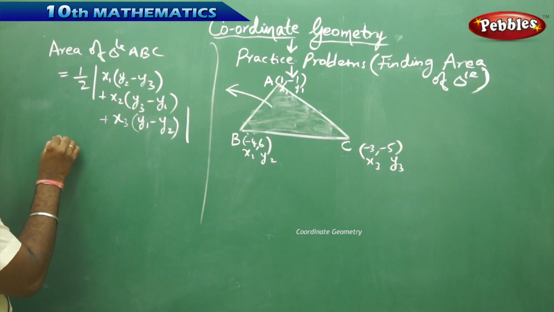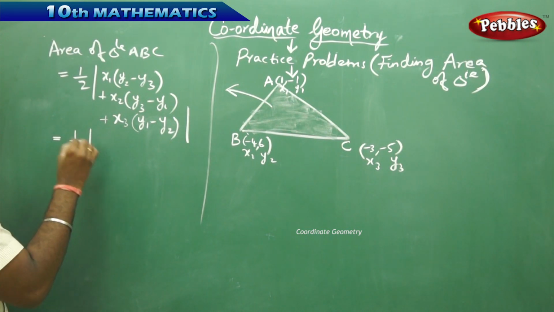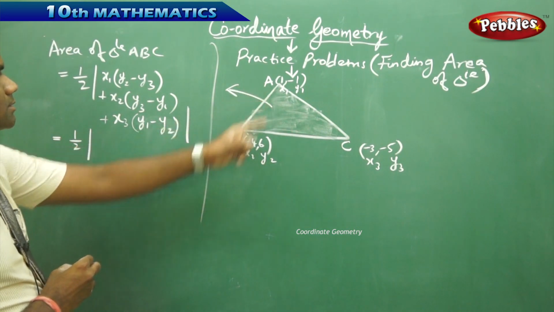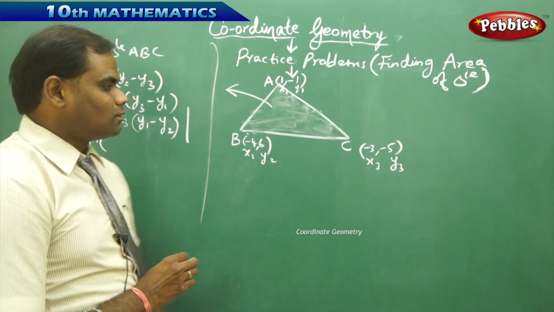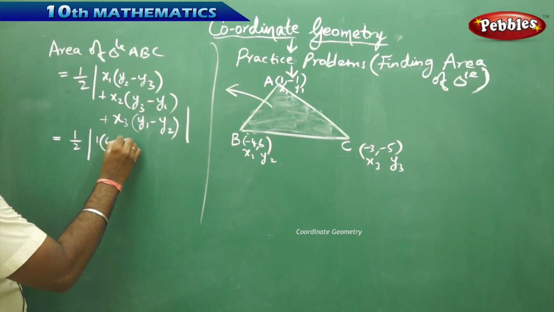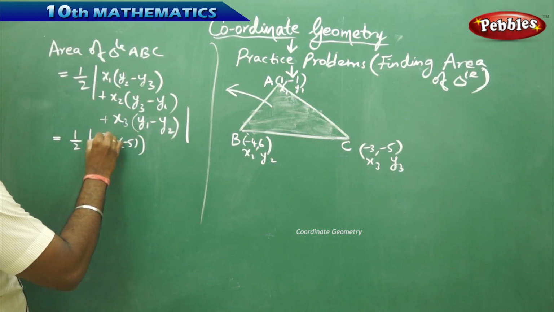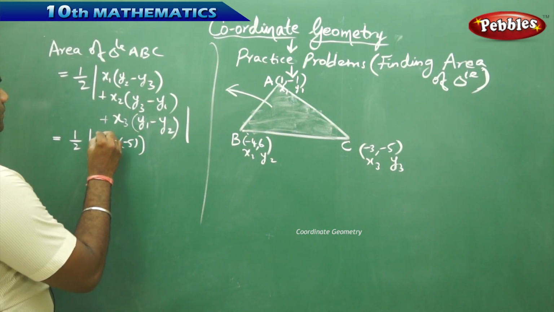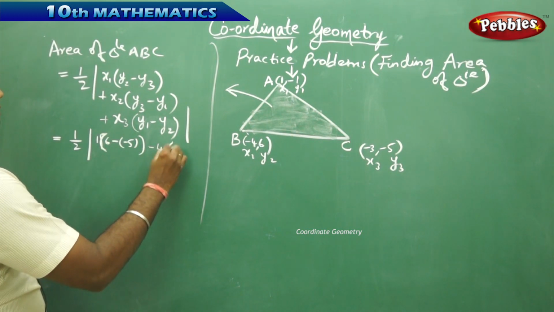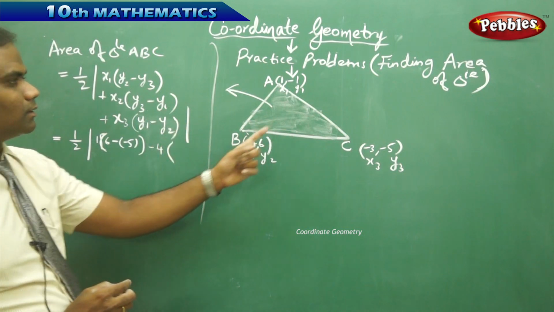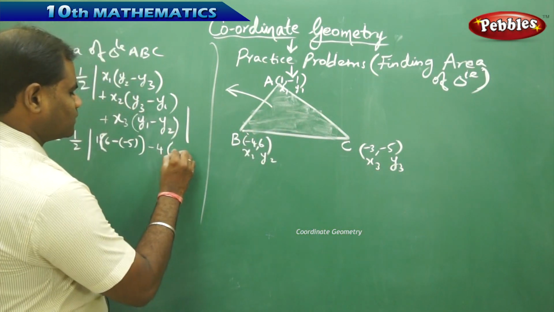Say for example, I have here half mod. My x1 is -1 times y2 minus y3, which is 6 minus 5. Similarly, my x2, which is -4, times y3 minus y1.